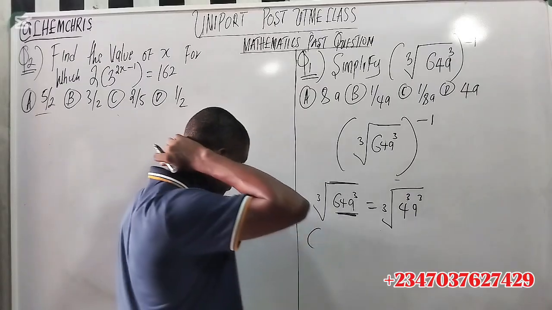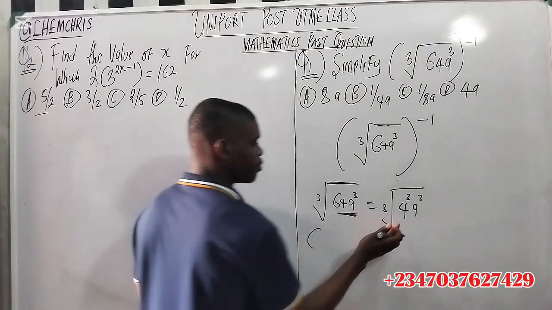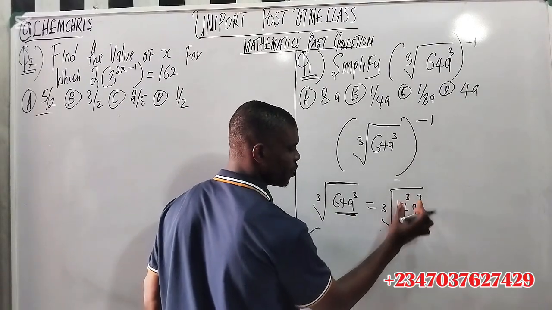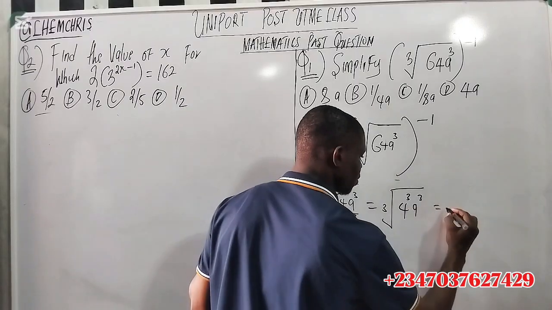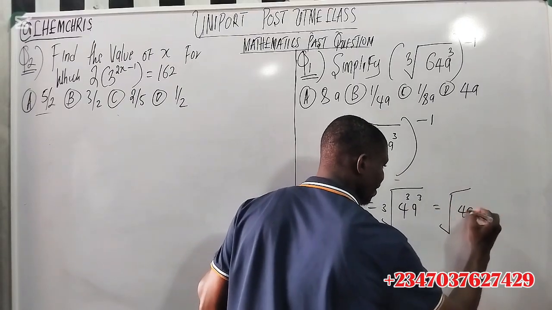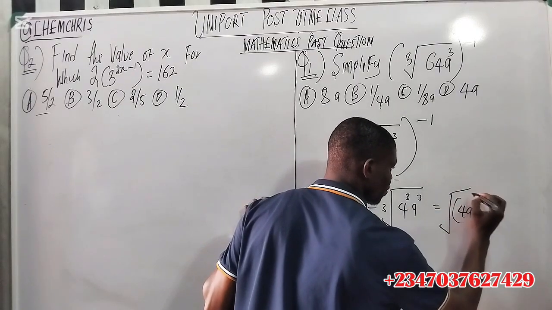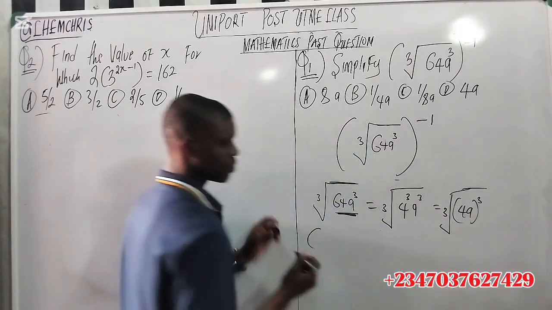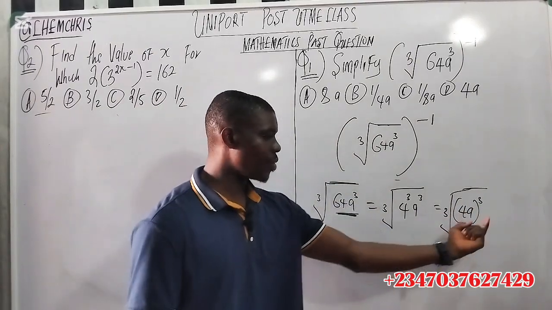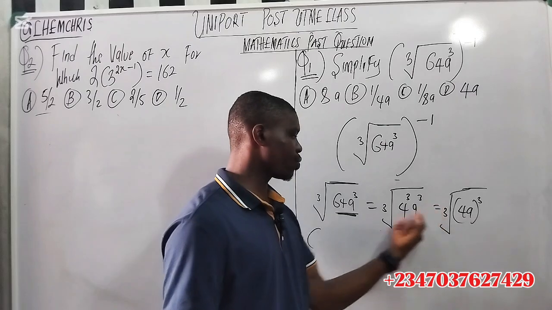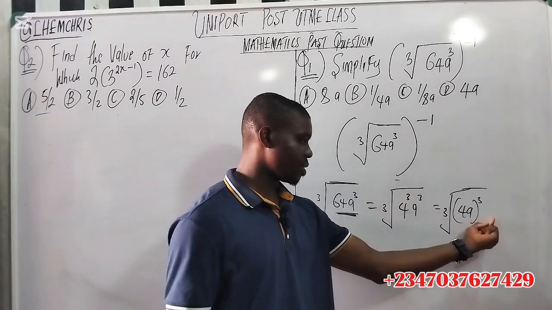Now there's one thing I need you to understand. Because these two have the same power, you can also write it as 4a all raised to power 3. Why are we taking it this way? Because this one is also the same as this one here.